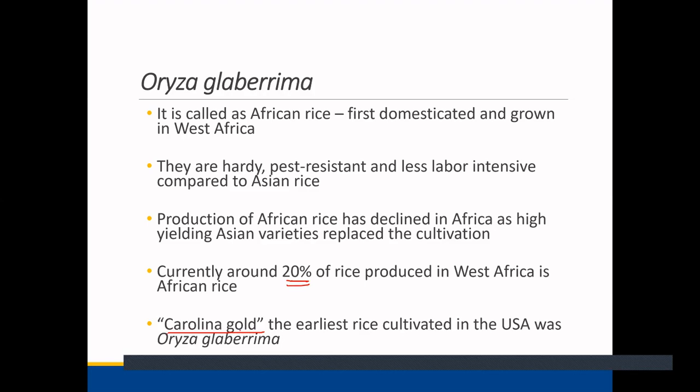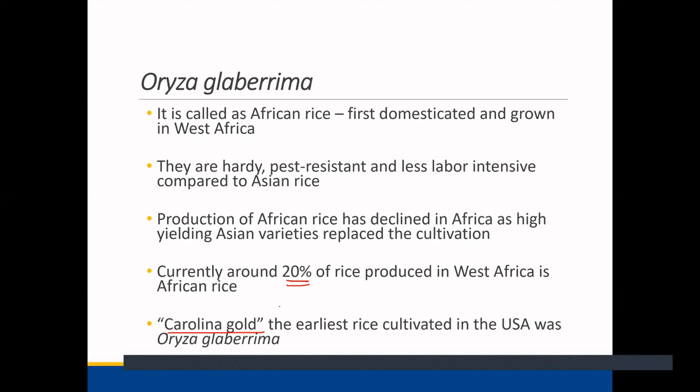We have two states, North Carolina and South Carolina, where rice cultivation started, but now they no longer cultivate in the Carolinas. They moved to states like Arkansas, Texas, and California.